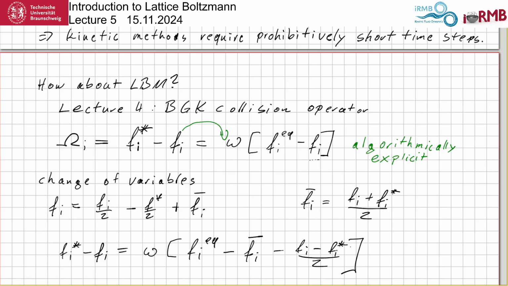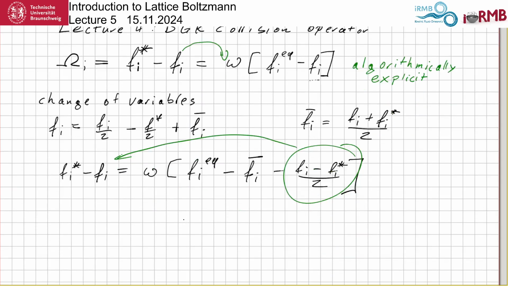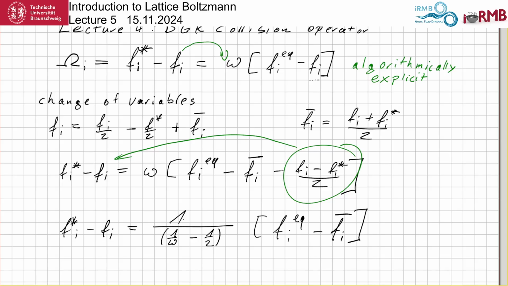So what we are going to do is put this on the other side, because the way it is here, it is not yet explicit. We want to make it explicit, of course. We have done this last time, so I write the result: we put it back and we get 1 over omega minus 1/2 times Fi equilibrium minus Fi overbar.